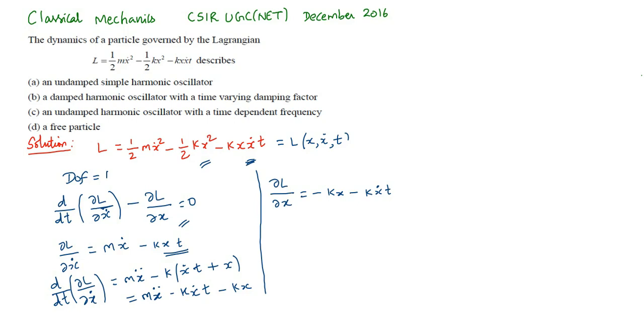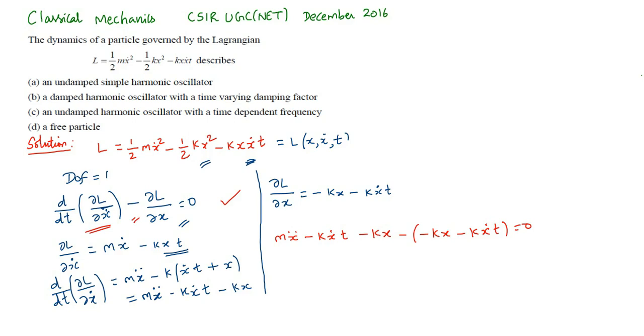Now on substituting in the equation of motion, we get m x double dot minus k x dot t minus k x, and minus of minus k x minus k x dot t, equal to 0, because there is already one minus sign.